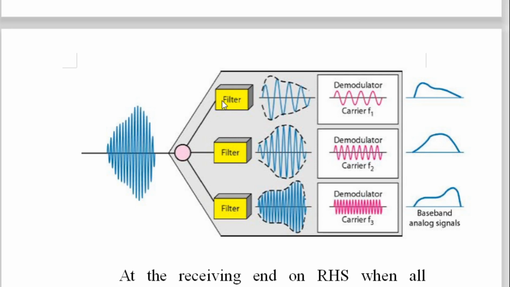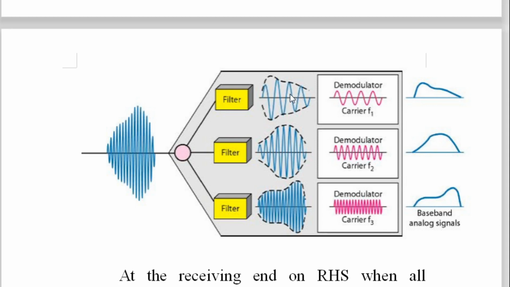It is a frequency filter. So frequency filter number one will only take the 64 kilohertz carrier, and the 68 kilohertz and 72 kilohertz will be rejected by this filter. This frequency filter is designed such that it will select only the 64 kilohertz carrier, and it will come here.